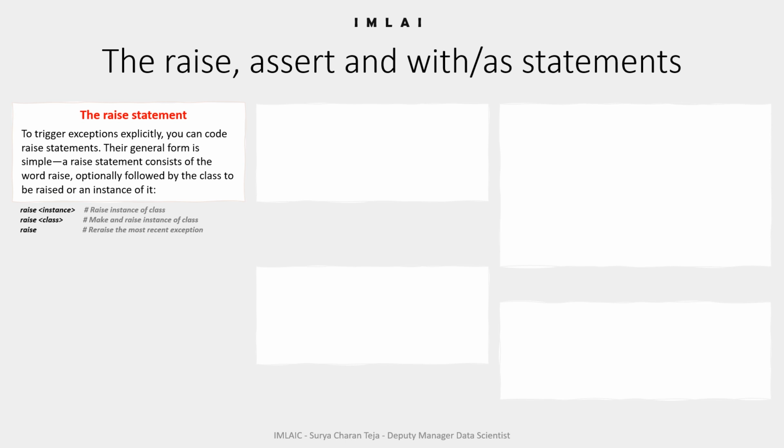So this form is equivalent to adding parentheses after the class reference. The last form re-raises the most recently raised exception. It's commonly used in exception handlers to propagate exceptions that have been caught.